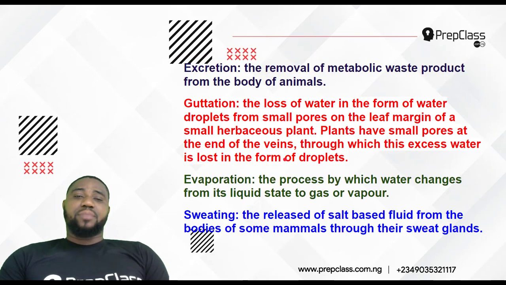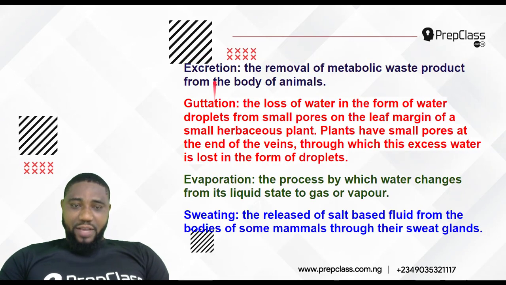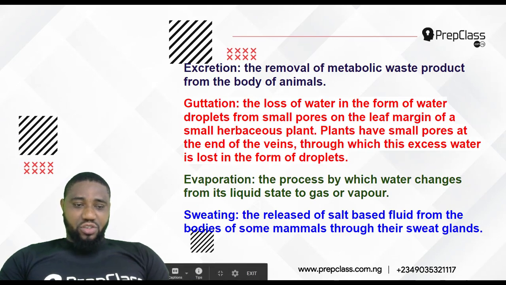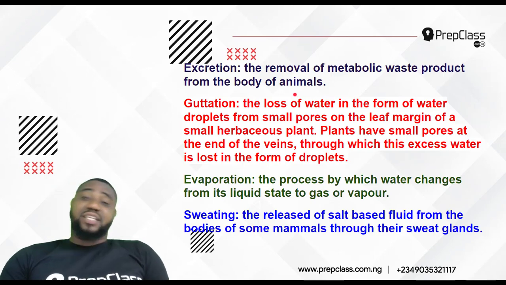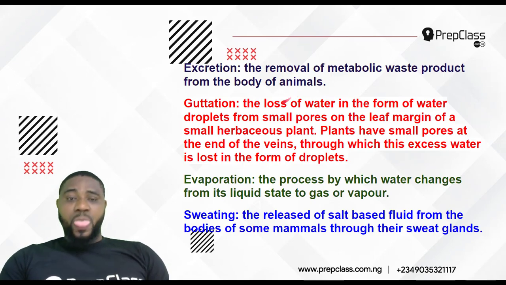Okay, let us look at them. Guttation, or excretion. I think I started with excretion. Excretion is the removal of metabolic waste products from the body of animals. You cannot completely say that the process whereby the plant is bringing out that excess water is excretion. No. Let us see the definition of the rest.